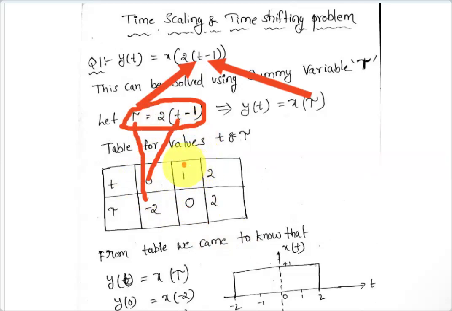If t value is 2, substitute t as 2: 2 minus 1 equal to 1, 2 into 1 is 2. The tau value will be 2. We have found tau values for the t values 0, 1, 2.